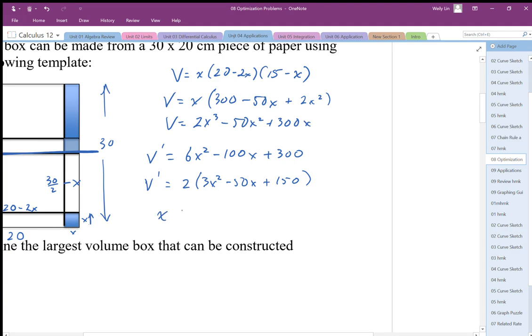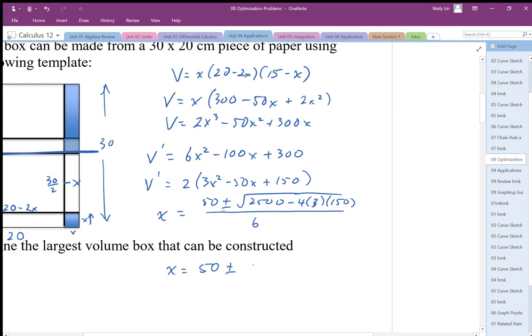It's going to be 50 plus or minus the square root of 2500 minus 4 times A times C, all over 6. So the x for the largest volume works out to be, 4 times 150 is 600, times 3 is 1800.